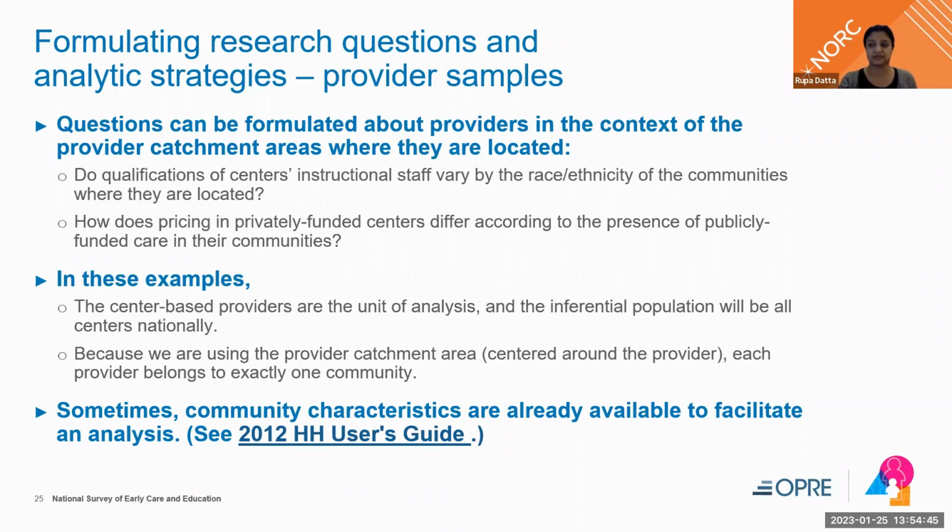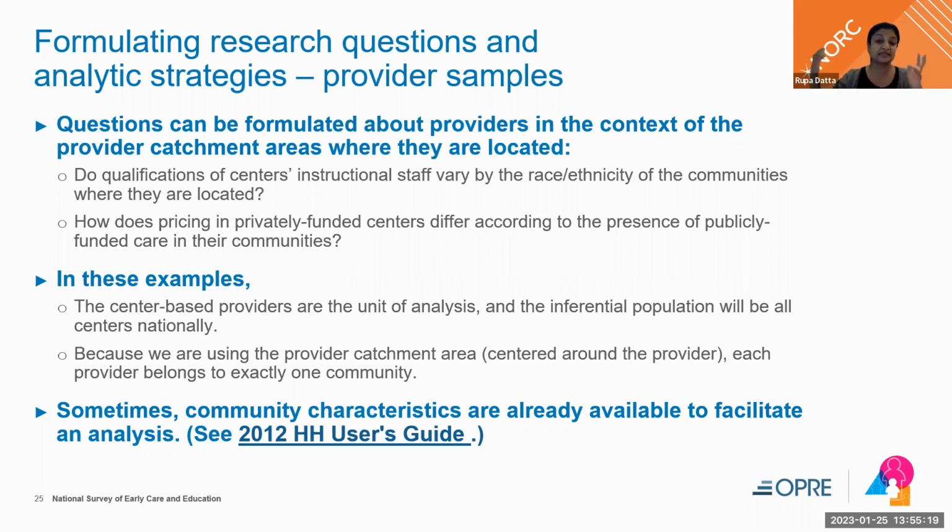The community characteristics data effectively have created a variety of cluster aggregates about the population. These aren't using NSECE data, they're using other data, mostly American Community Survey data, to characterize the communities where our sample exists. There are some variables in the public use data, others in what we call the level 1 restricted use data, which is available from the CFDA archive.